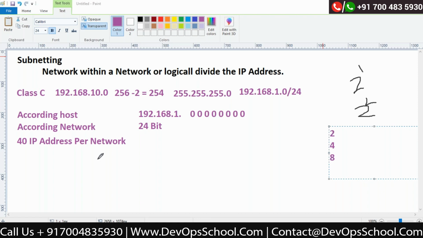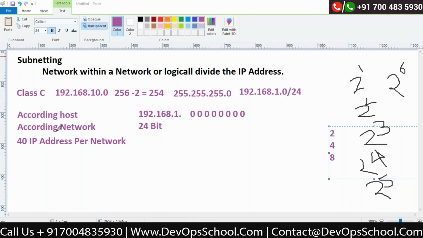Correct? So the first thing is the required host is what? 40. And what is going to do that? 2 raised to 3 means 8. 2 raised to 4 means 16. Still it is less than 40. Then 2 raised to 5, it's 32. It is still not there. Then 2 raised to 6.